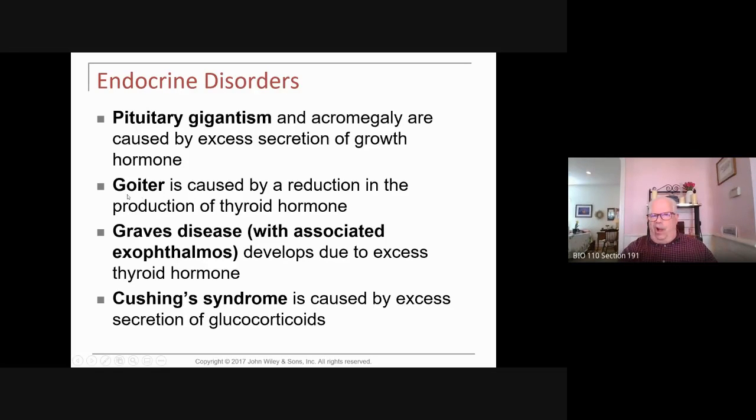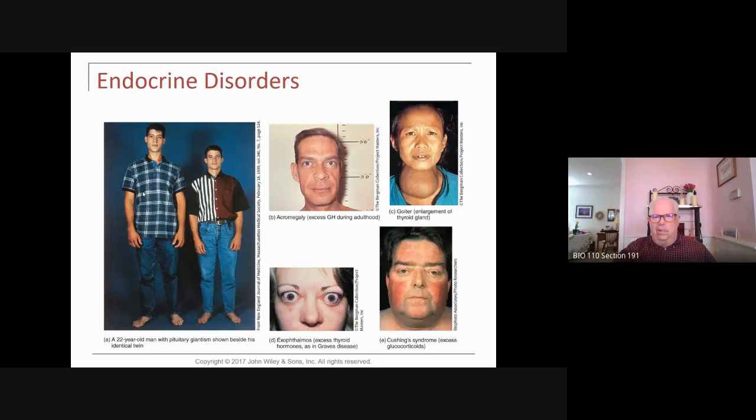But I do want to talk to you a little bit about goiter. This is an enlargement of the thyroid gland caused by a reduction in the production of thyroid hormone. Okay? Here it is. Here is goiter, an enlargement of the thyroid gland.